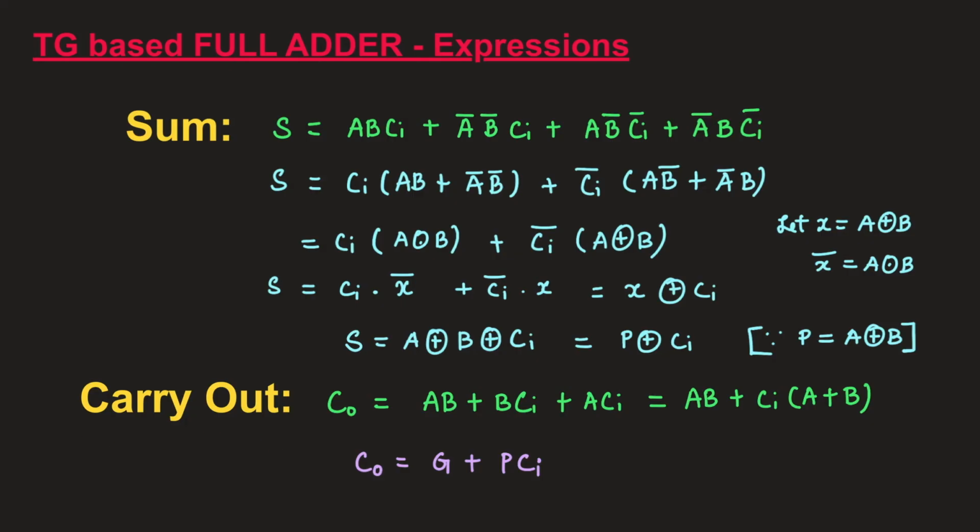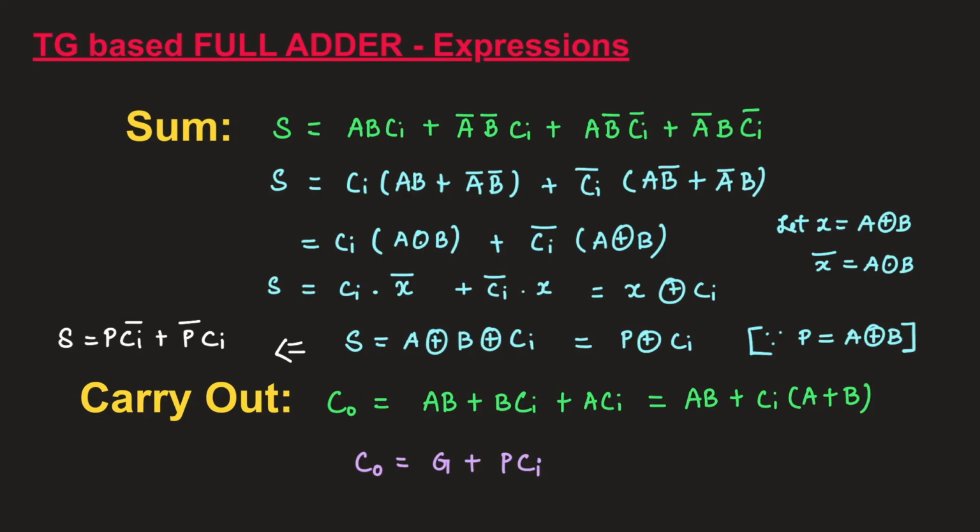To implement using transmission gates, we always need a complementary signal. Here we can see that we have PCi, but I don't have the exact complement of either P or Ci, because I need any one of the complements. Here I have the complementary functions, because when I expand P XOR Ci, that will be equivalent to P Ci bar plus P bar Ci.